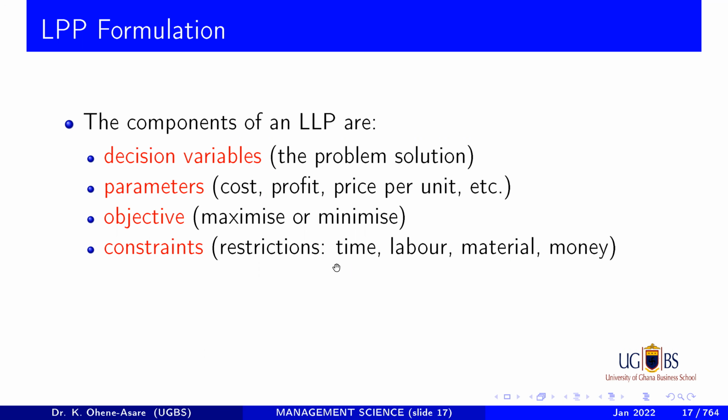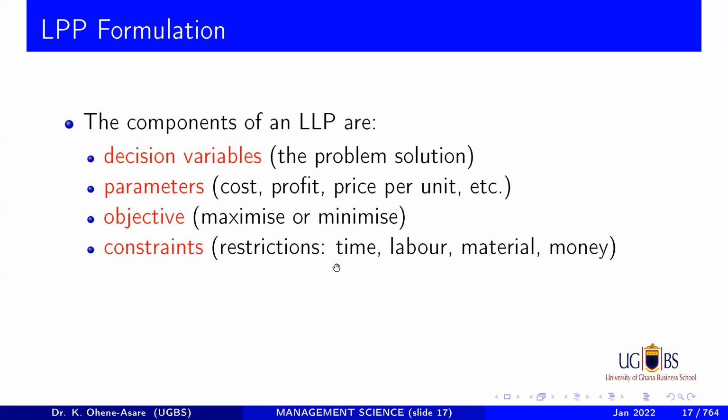You have to even decide the quantity of each one of those things you are going to produce or service or give to people. And that is your main problem. That is the linear programming problem. If you are able to solve that problem, you are able to bring a solution to the problem. That solution to the problem is your decision variable.